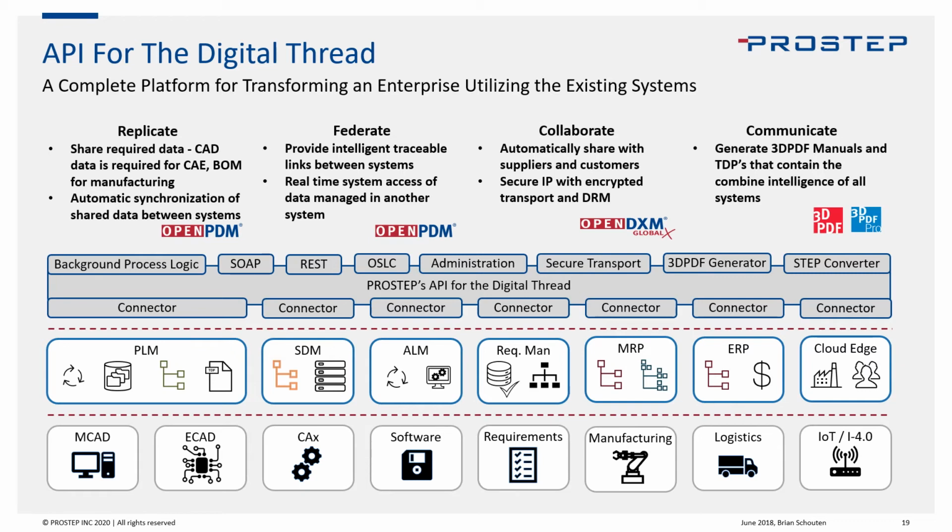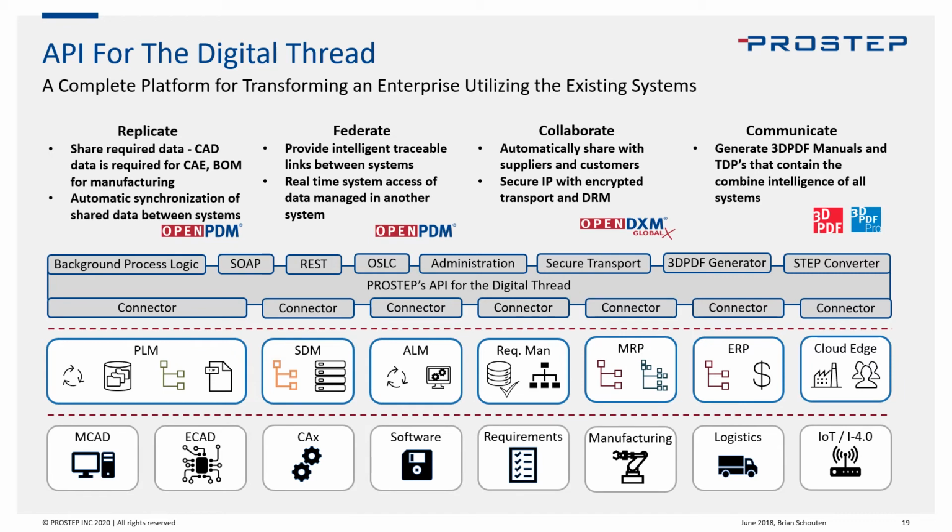You need to have that artifact managed within a repository. So in the middle layer, you have your repositories, and that might be product lifecycle management or application lifecycle management or ERP or something like that. And that's the interface really where we want to connect to. That's going to provide really that permanent article or object that you can then relate to in order to build links to or be able to connect data back and forth from.